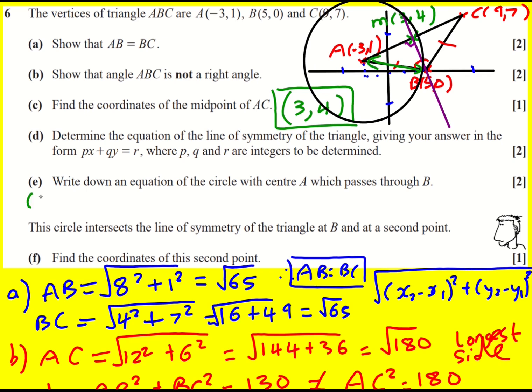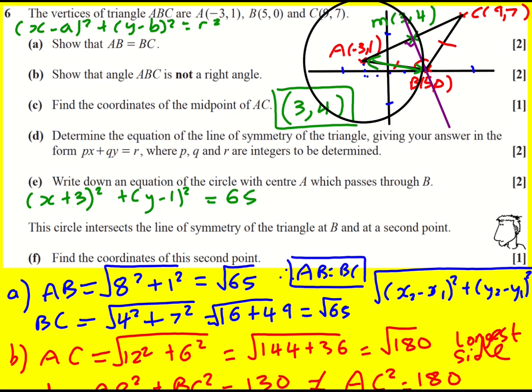So I can just write it here, (x plus 3) squared plus (y minus 1) squared is going to be r squared. R is root 65, so this is going to be 65. Remember, if the center is (a, b), then it's (x minus a) squared plus (y minus b) squared equals r squared. Actually, that is an application of Pythagoras' theorem. I've just applied it here.